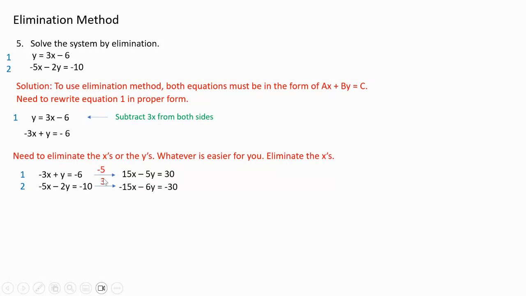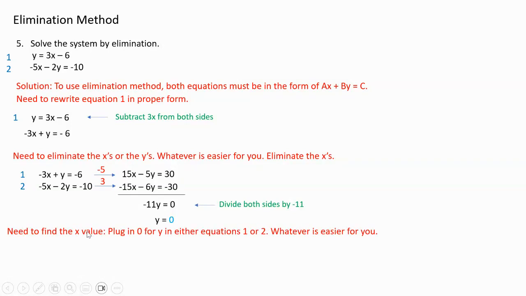In this case, I need to multiply both equations by a number, which is a little bit more work. Now the x's will be eliminated. So this will give us negative 11y equals 0. We divide both sides by negative 11, and the result gives us y equals 0.